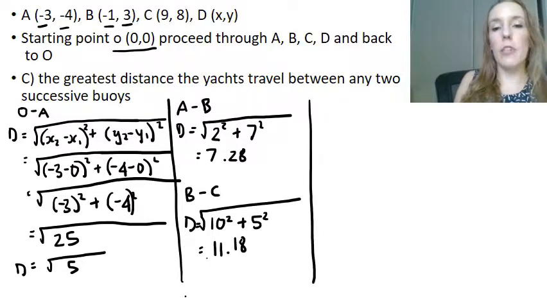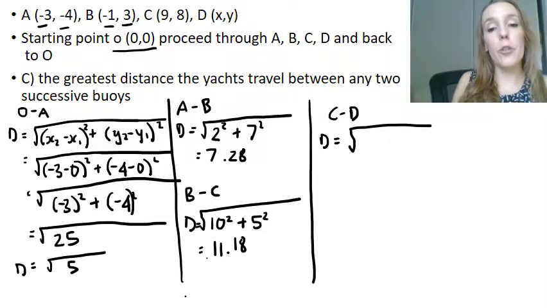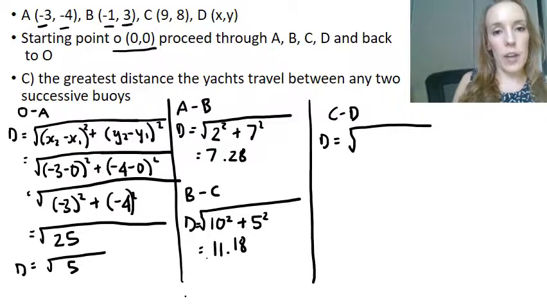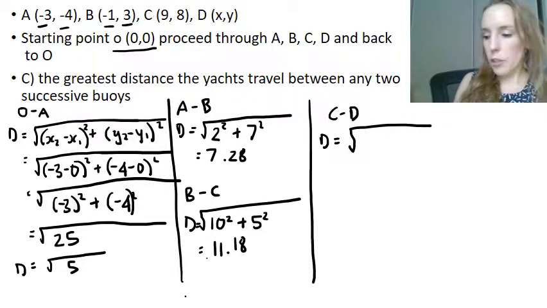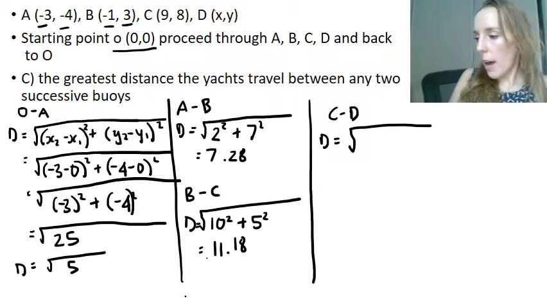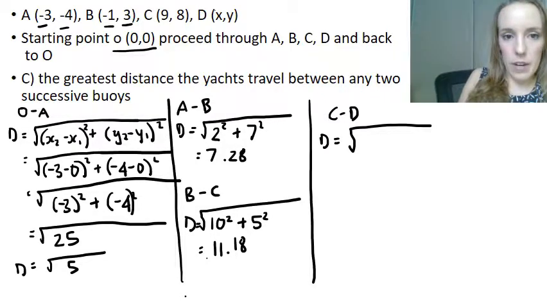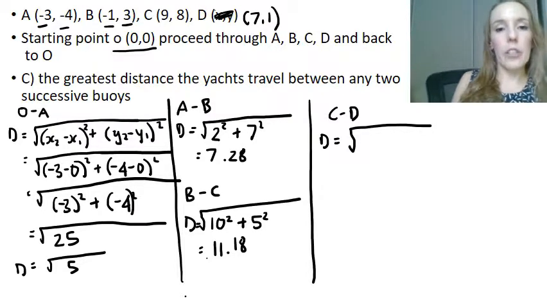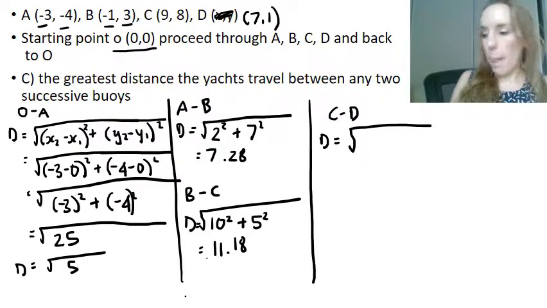Our next thing we have to go is from C to D. Again, our same formula. Distance is the square root of x2 take x1 squared plus y2 take y1 squared. I should write in our coordinates for D because we actually calculated those before, and that was 7, 1. So 7 take 9 is -2.